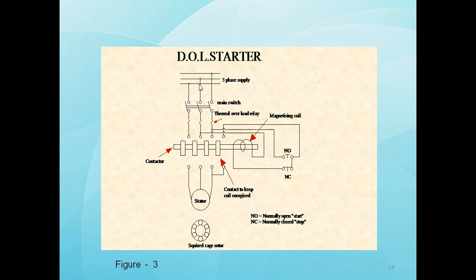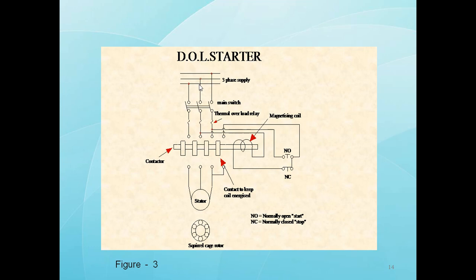Suppose you press the on button, then what happens? The contactor C becomes energized through the off button and overload relay, and its contacts are closed. This closes the main contacts and the motor gets connected across the supply.